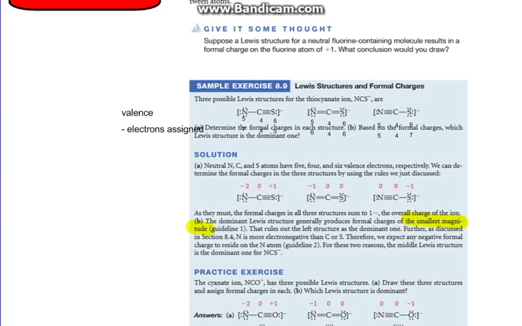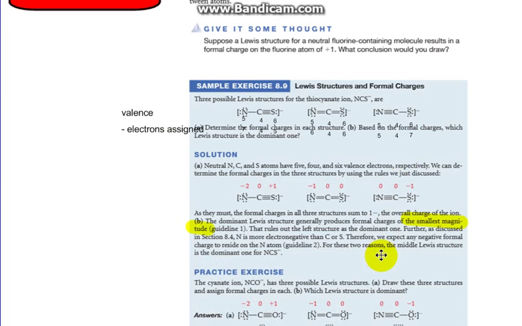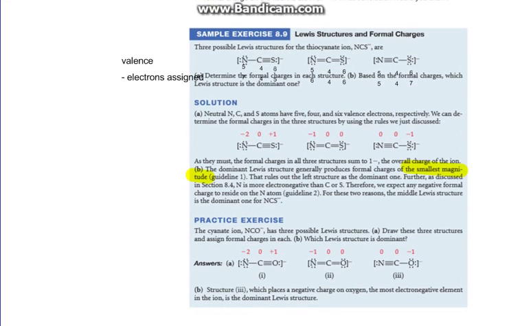If you have your electronegativity chart, N and S, N is more electronegative than carbon or sulfur, therefore we expect any negative formal charge to reside with the nitrogen. And of course, that makes this one right here the dominant structure.